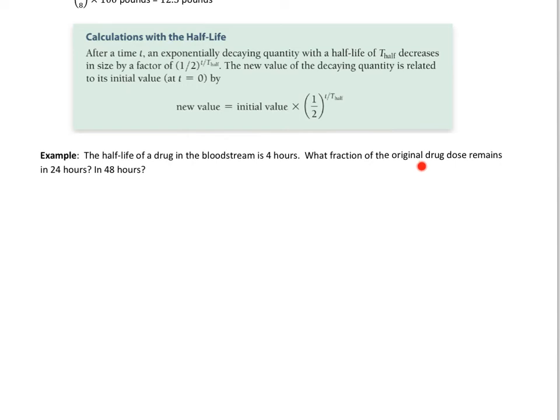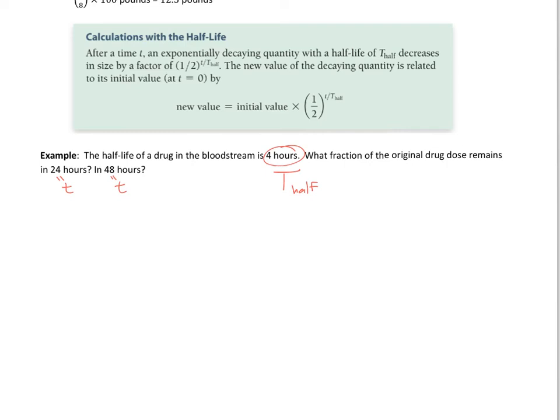What fraction of the original drug dose remains in the bloodstream after 24 hours? How about 48 hours? We know that these are little t values and that the half-life is the big T value.